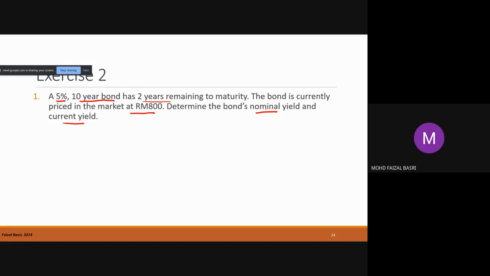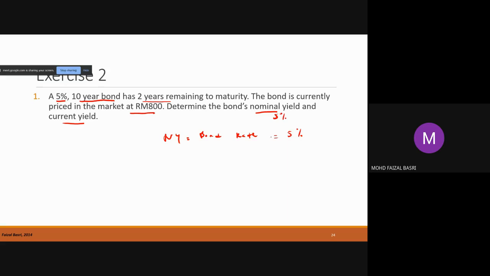Nominal yield is actually equals to the bond rates. So technically you don't have to calculate anything. So the bond rate is actually 5%. So nominal yield is actually 5%.